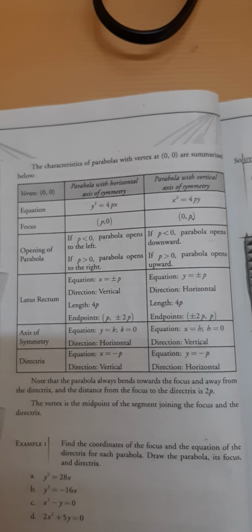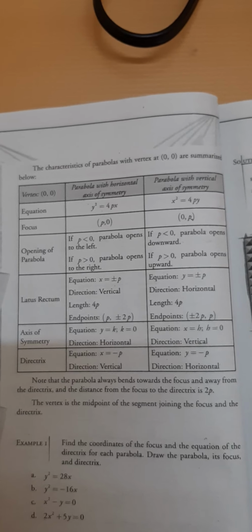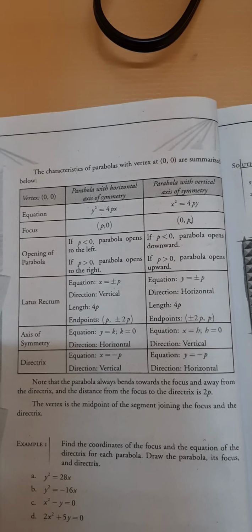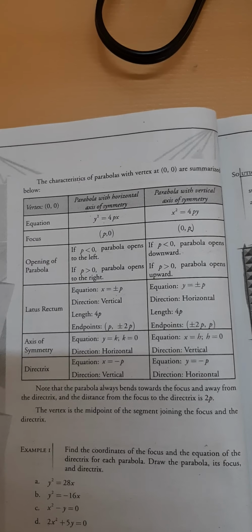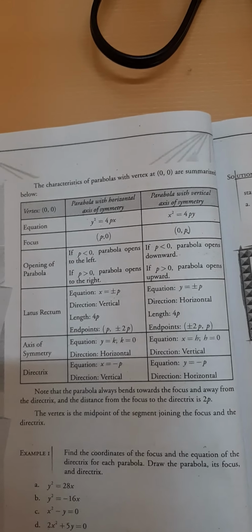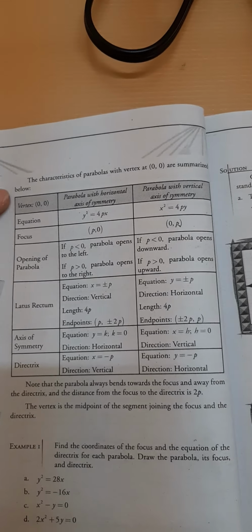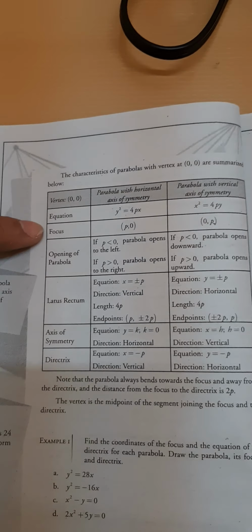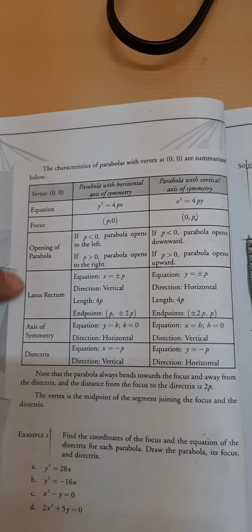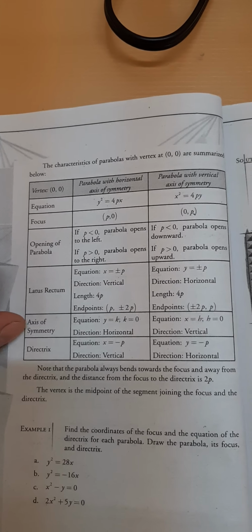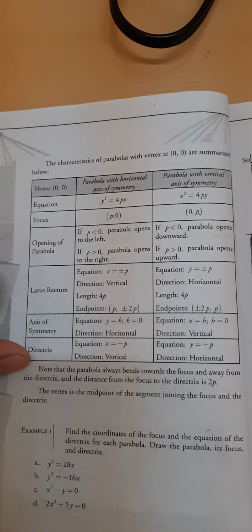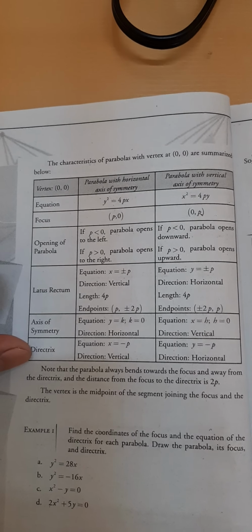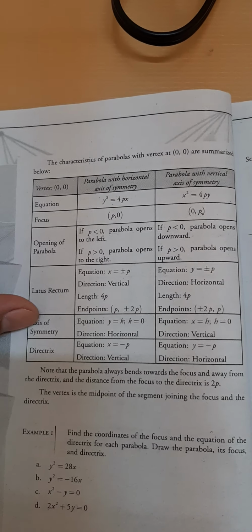So we have here the characteristics of parabolas with vertex at (0, 0) or located at the origin. These are summarized in tabular form. We have the vertex, the equation, the focus, opening of parabola, latus rectum, axis of symmetry, and directrix. As what I have shown you a while ago in the illustration of the parabola, you can see there the latus rectum and the axis of symmetry.